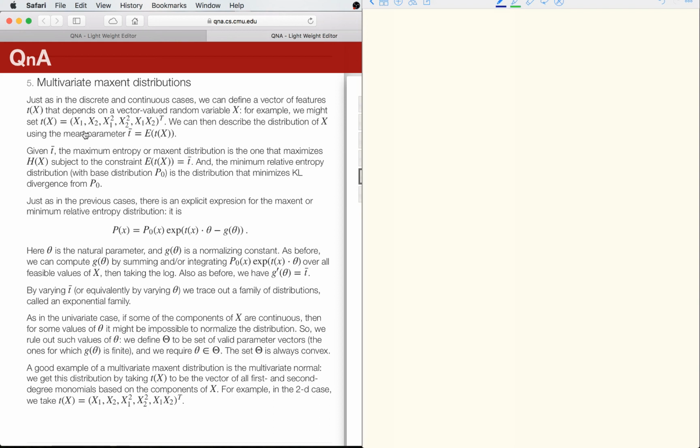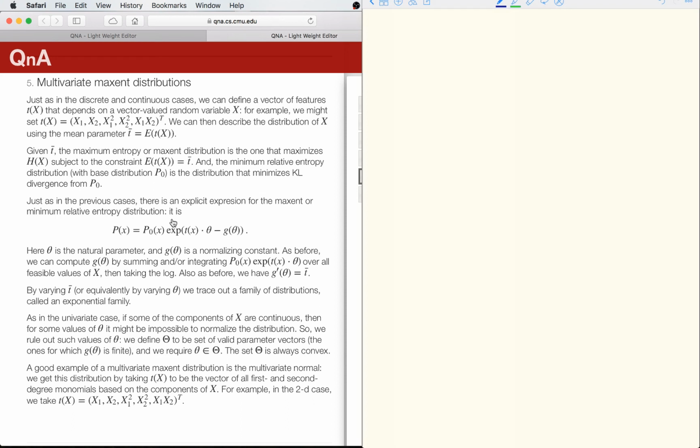For example, we might take the first component of our vector, the second component, the first component squared, the second component squared, and the product of the two components. And then we describe our distribution using the mean parameter, t bar, which is the expected value of our vector of statistics. Given t bar, the Maxent distribution is the one that maximizes entropy subject to the constraint that you hit that given mean parameter t bar.